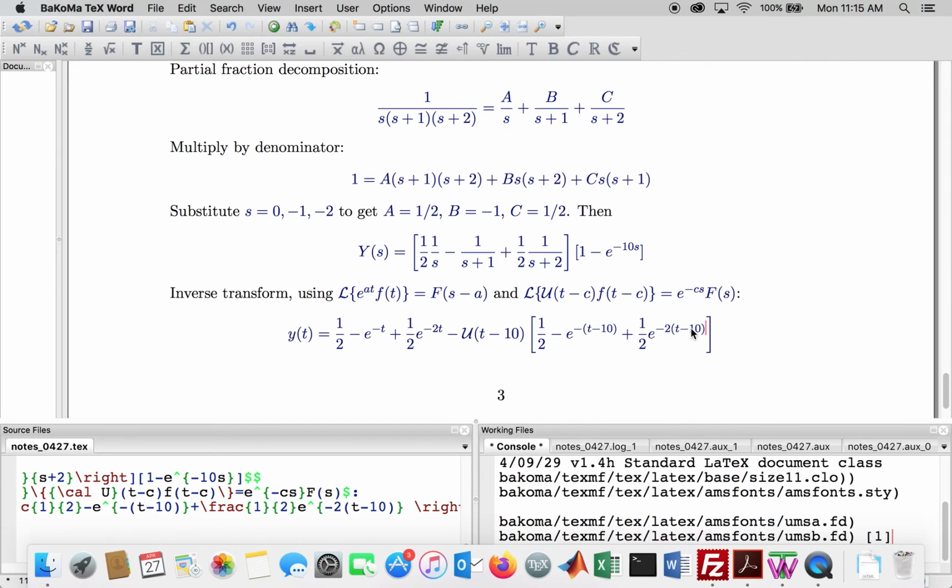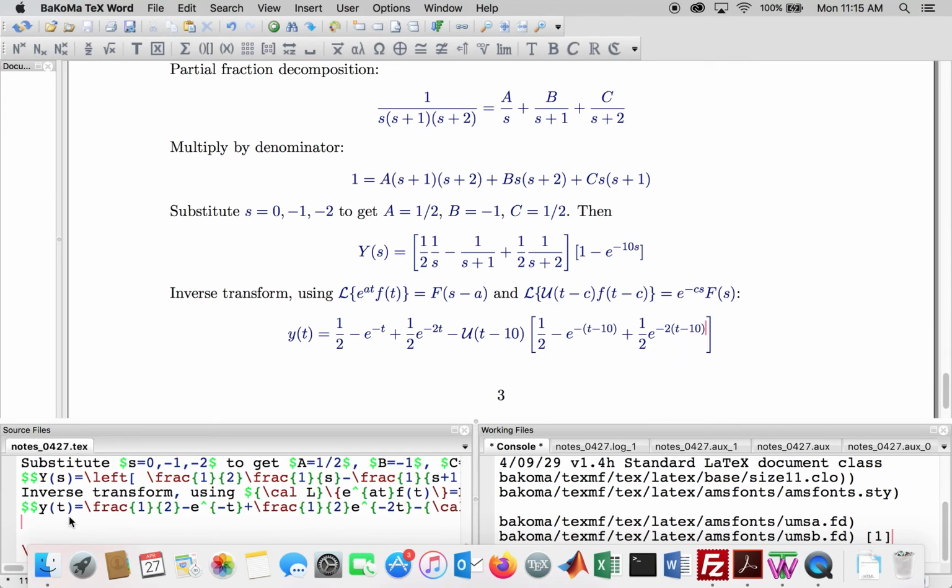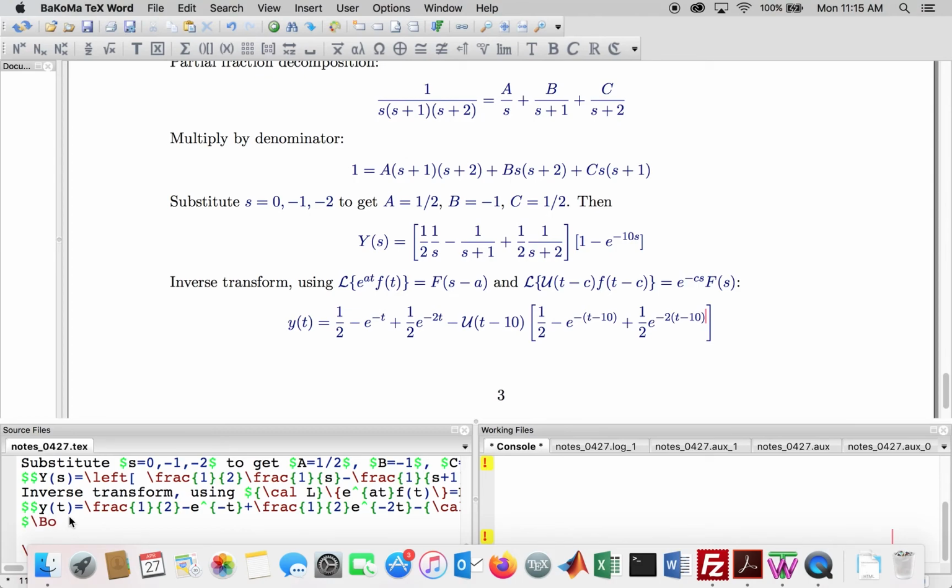Be sure to use parentheses for that. Like here we have t being multiplied by 2, but that 2 must be multiplying both the t and the minus 10. So be sure to put parentheses or it'll be wrong. And that's it. That's the end of that example also.